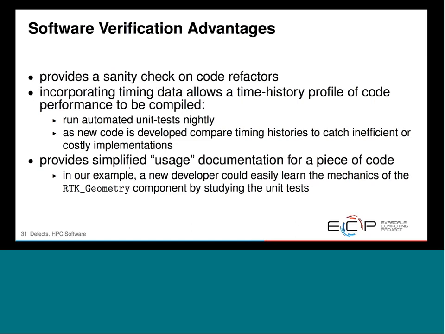A really useful use case for us: we're constantly going in and improving various parts of the code. I use improvement in scare quotes there sometimes, but one of the things that is common is to go in and say you found a part of your code where you were using, for example, an n-squared algorithm and you want to replace it with an n log n, right? Ideally, the unit test should not change other than it should get faster.